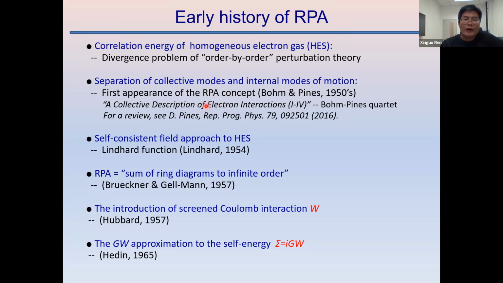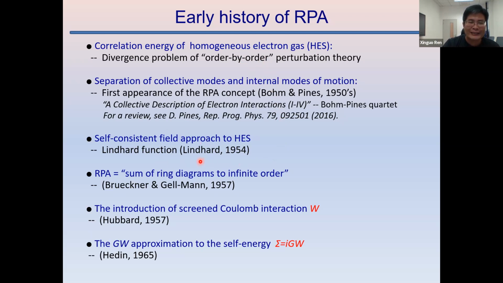I will talk about this a bit later. But the importance of doing so is that they could now treat the homogeneous electron gas and compute quite accurately the energy of these model systems, which actually opened the way to treat metallic systems in general.